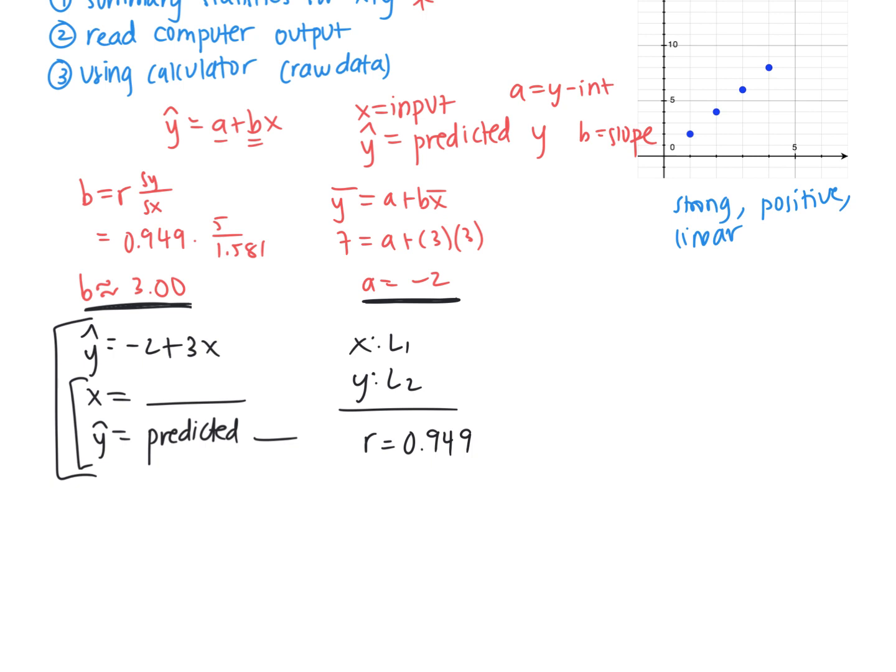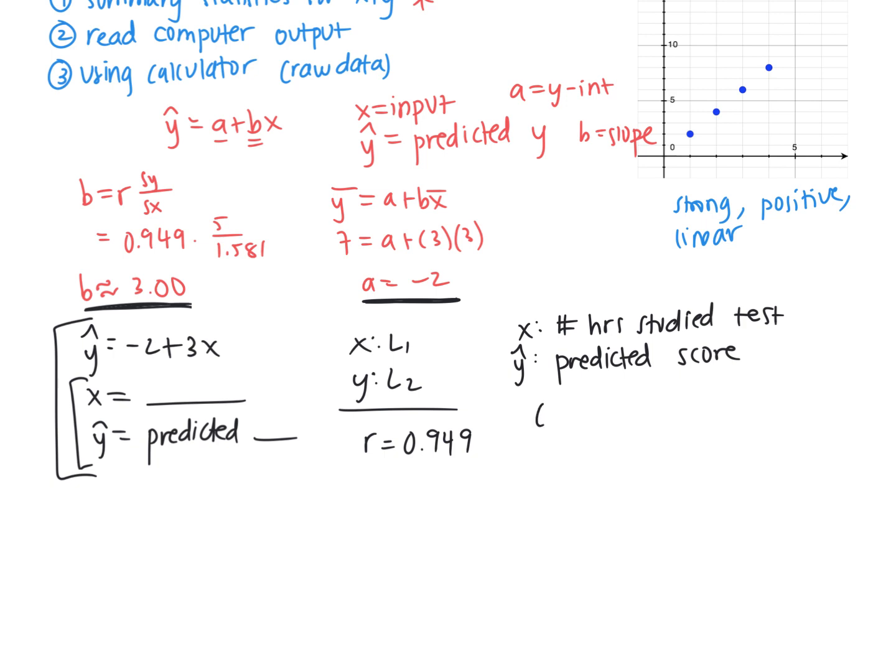Okay, so there's some pieces of vocabulary I need you to know. I'm going to make up a context for this just for our vocabulary. Let's say that X, in this case, represents the number of hours that you studied for a test. And Y hat is your predicted score on that test.